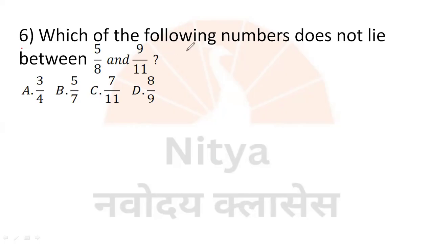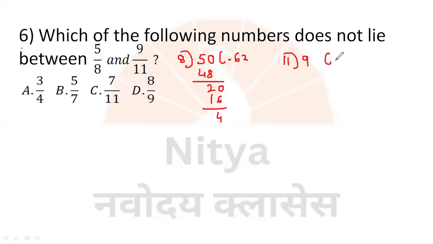So 5 by 8, first we convert this into a decimal number. 8 into 5, point and 0. 8 6s are 48 and remainder is 2. Again take a 0 and 8 2s are 16. 20 minus 16 is 4. Okay, this is the value 0.62. That is 5 by 8's value, and now 9 by 11.